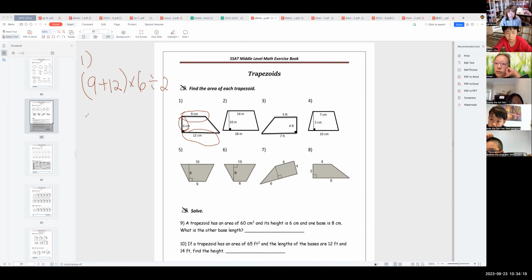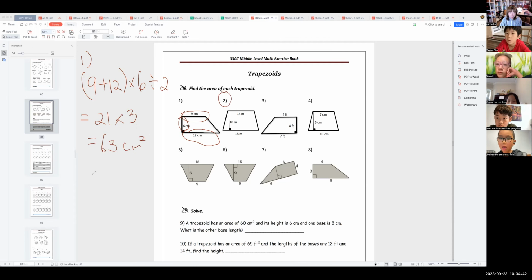Okay, so let's take a look at this one. So 21 times 3 equals 63 centimeters square. Thank you, Emma. Okay, understand, Violet, understand, Evan, understand, Andrew, understand, Taylor?